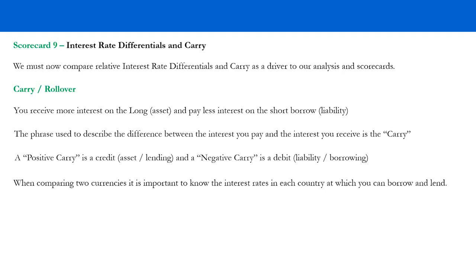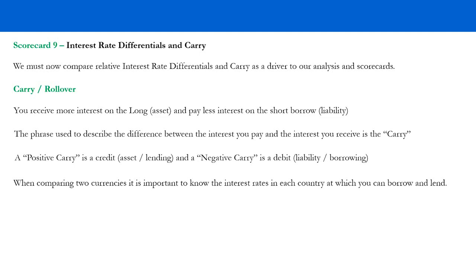And when we look at relative interest rates, so the interest rates in two countries or economic zones relative to each other, what we're actually looking at is the interest rate differential, or carry. And it's important because it provides us with another driver to our analysis and overall scorecards.